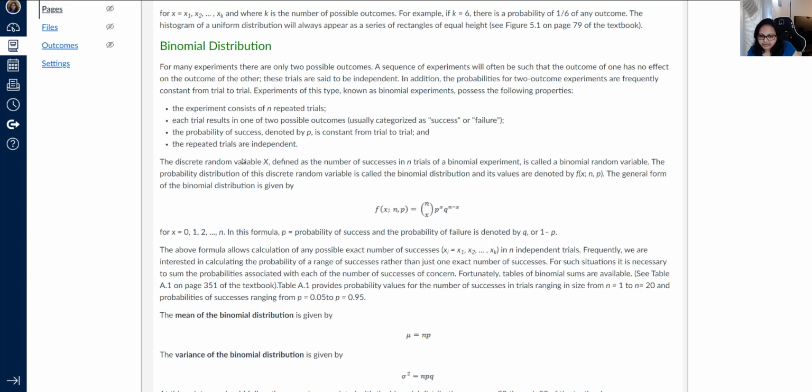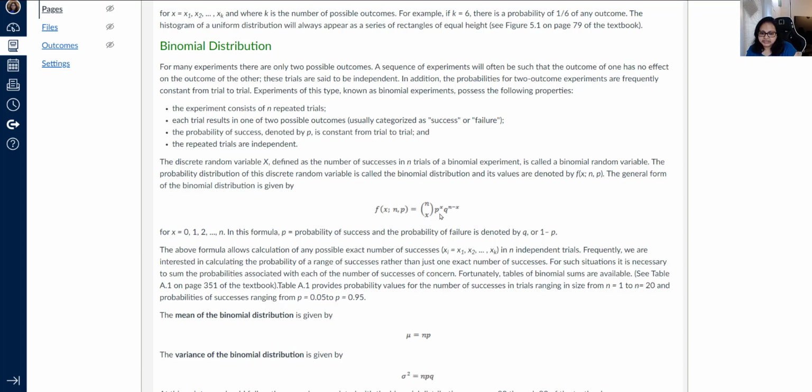It's a discrete random variable, and the distribution of that discrete random variable follows this function. Let me read this function for you. In this function, we have how many times we've thrown the coin, or how many trials we have. Let's say we've thrown a coin 5 times, and getting head is our success. So we can get 0 heads, 1 head, 2 heads, and so on, up to how many times we have actually thrown. p is the probability of success.